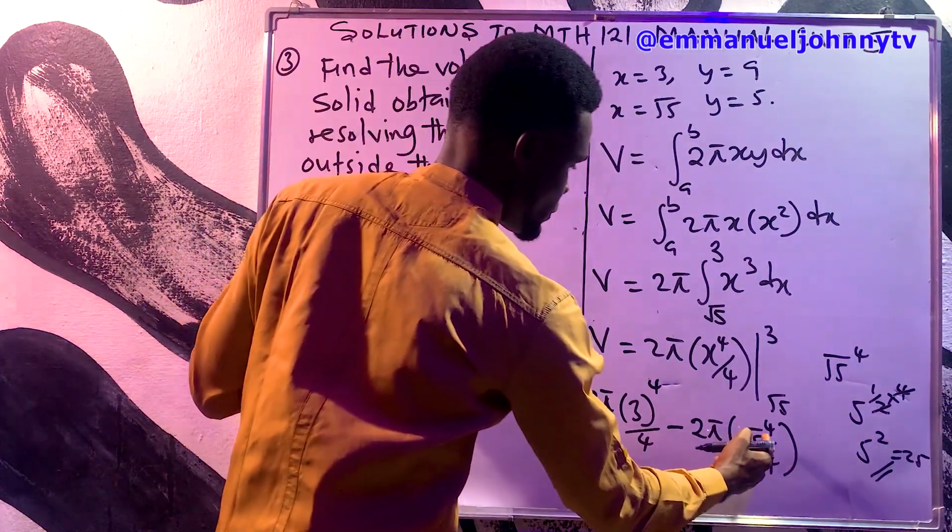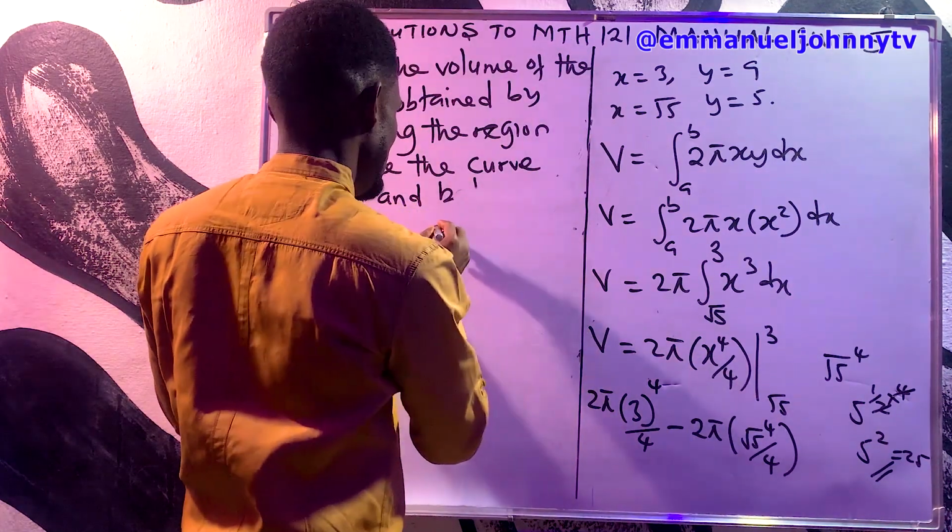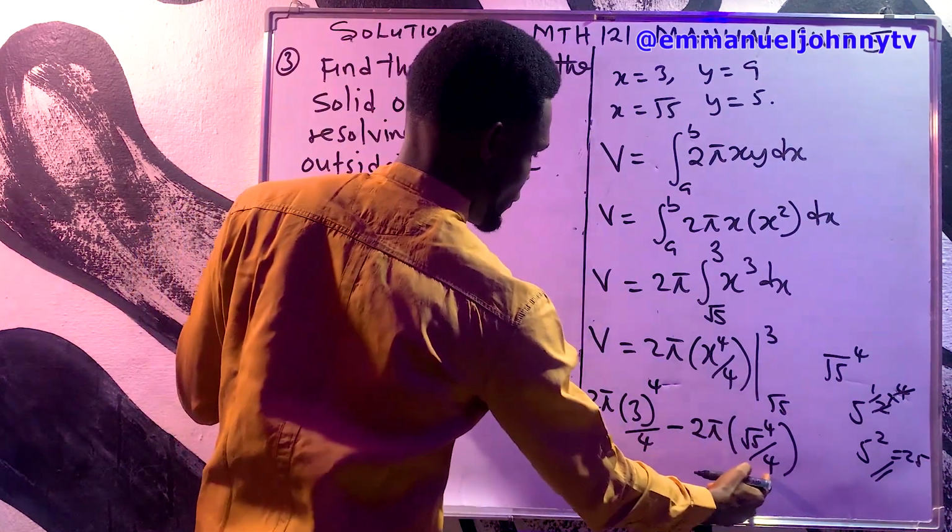So if you simplify the numerator here, you have 25 all over 4.